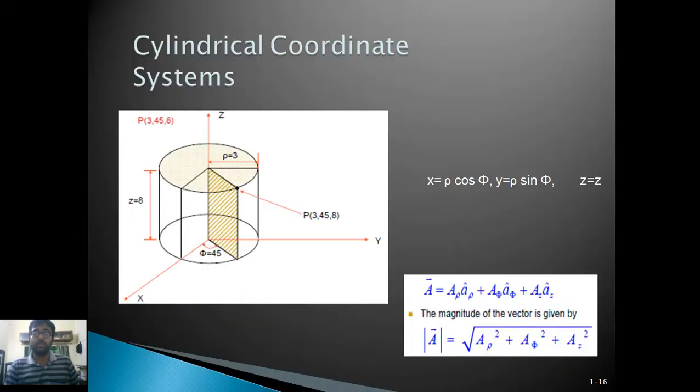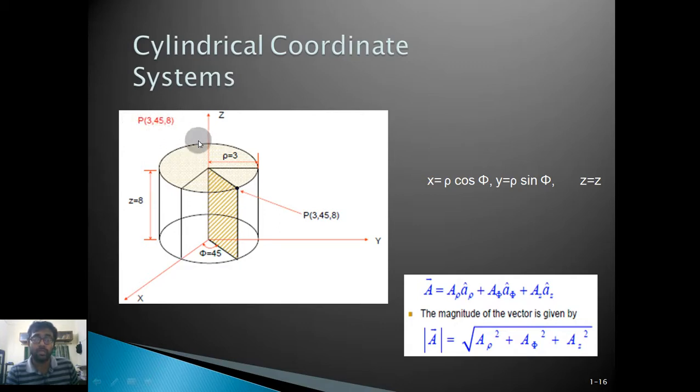So as we are discussing the cylindrical coordinate system, what we have here is the values 3, 45 and 8. The 3 is describing the radial distance rho of the cylinder, which provides us a circular cylinder, and this is the azimuthal angle phi, which will provide us a vertical plane along the axis.